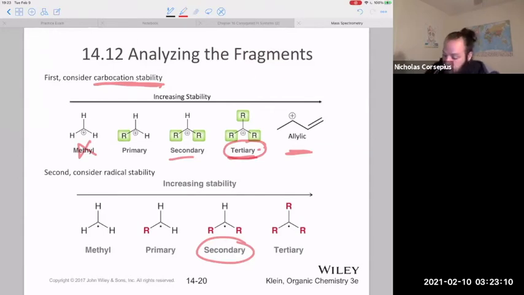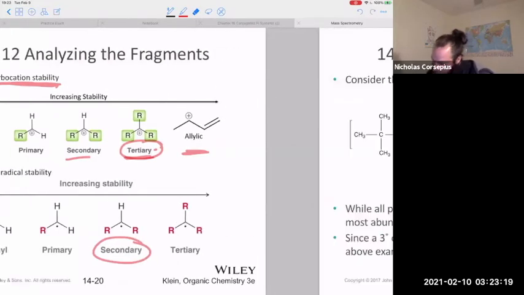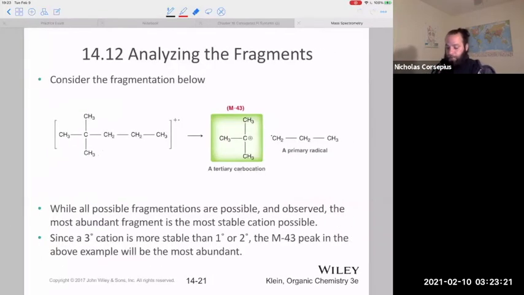Okay, so this is putting rhyme to reason as to why these molecules fragment the way that they do. So for example, if we had a molecule like this below, we would expect the tertiary carbocation fragment at M minus 43 to be quite big compared to if this was a straight chain.